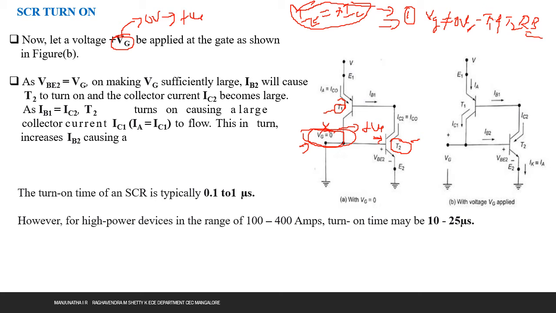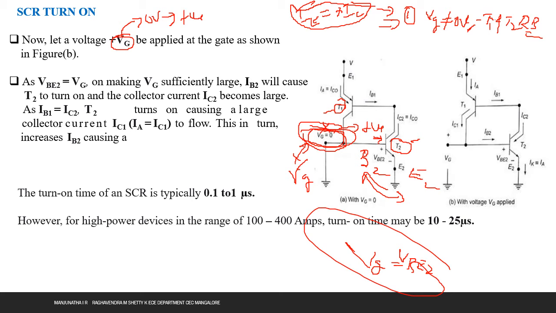One more thing to remember: whatever gate voltage Vg we give here is directly proportional to the voltage built between the base and emitter of transistor 2. Whatever voltage we give is equivalent to VB2 E2. This we should know.